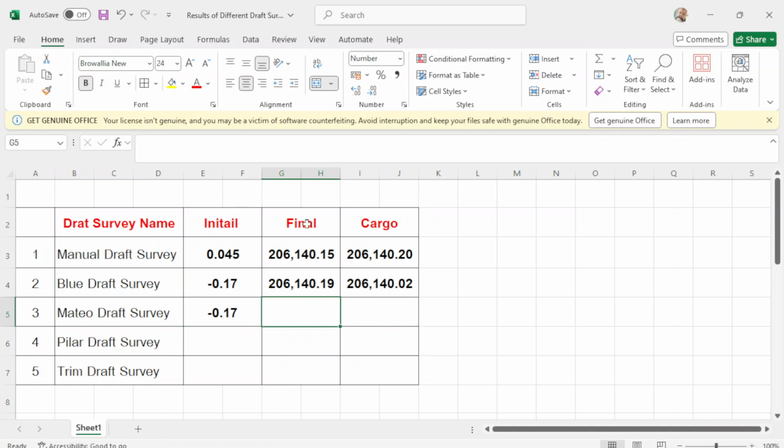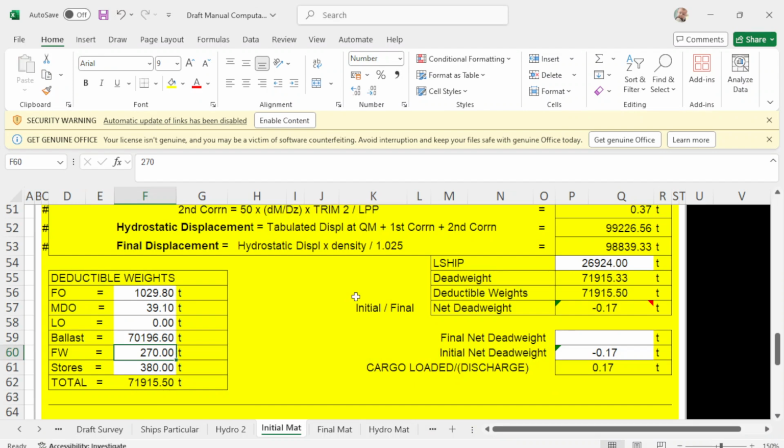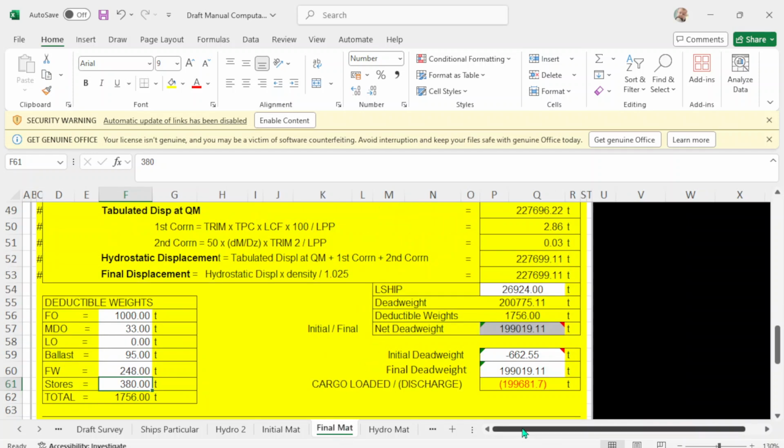Then we go now to the final Mateo. I say Mateo draft survey because the author of this draft survey, or the one who made this form, is Captain Mateo. So we go now to the final.